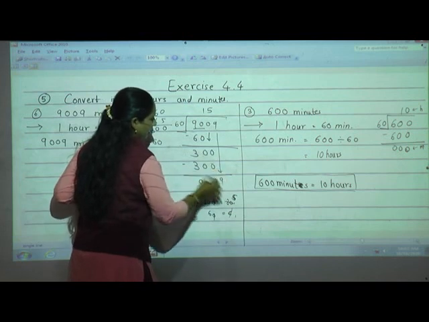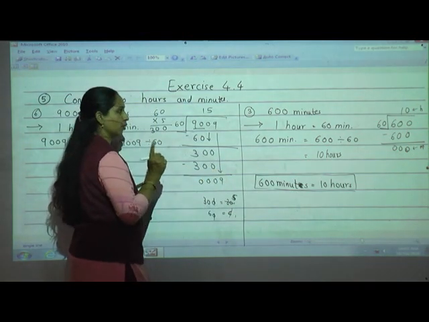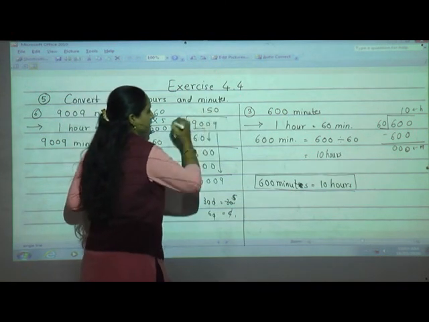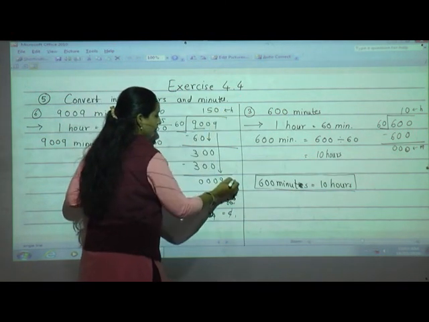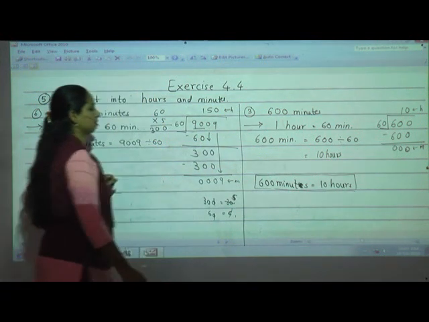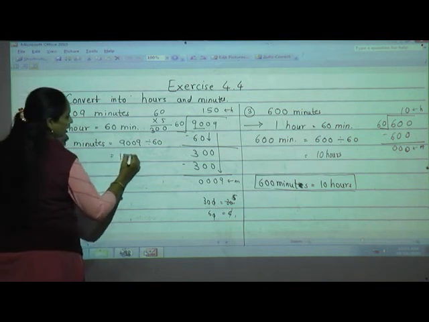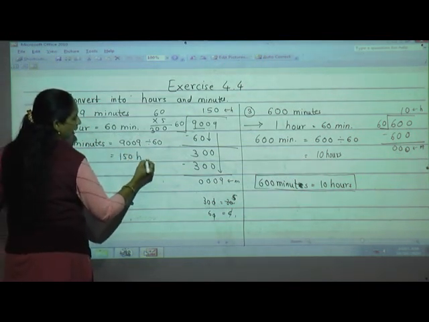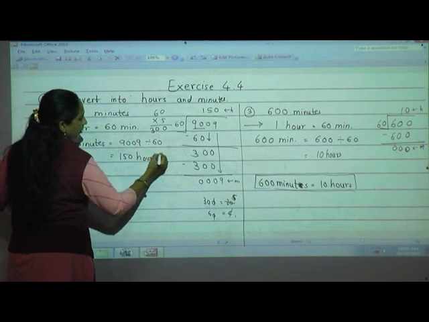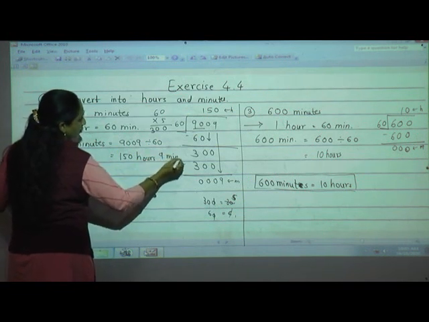Bring down 9. Can we divide 9 by 60? No. So give 0. This is what? Hours, and this is what? Minutes. So now we can write the answer: 150 hours and 9 minutes.